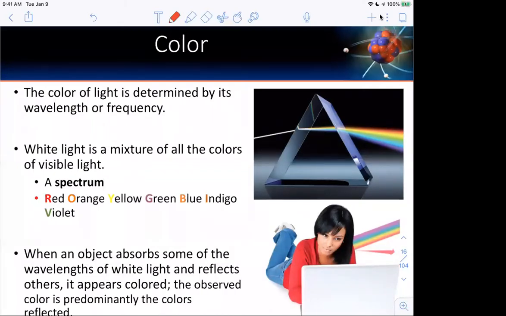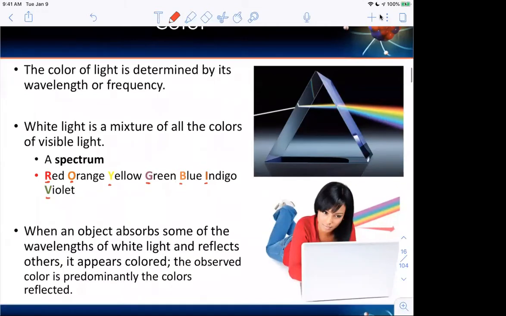White light is a mixture of all of the colors of the visible spectrum. And you might remember these: red, orange, yellow, green, blue, indigo, violet. Those are all colors of visible light. When an object absorbs some of the wavelengths of white light and reflects others, it will appear to have a color. The observed color is predominantly the color that is reflected.